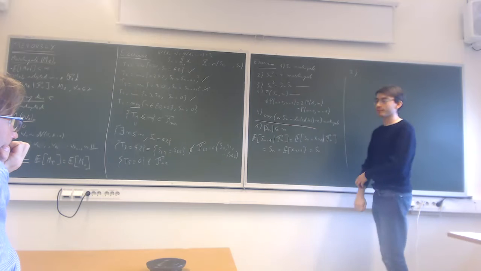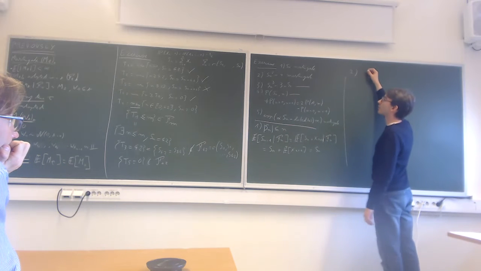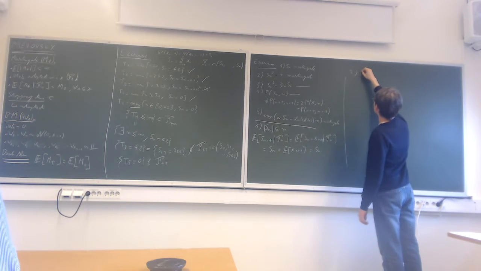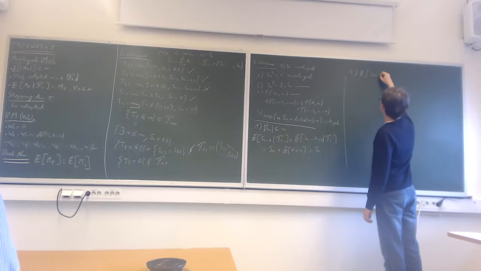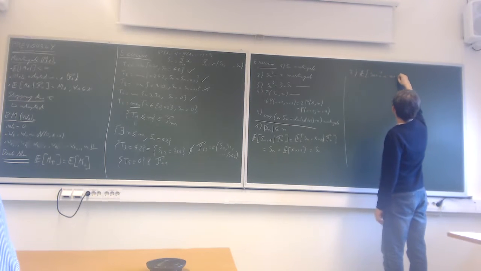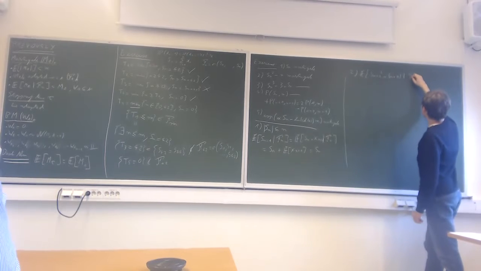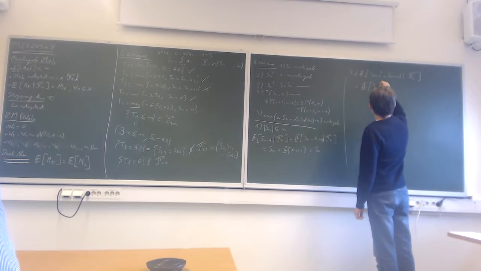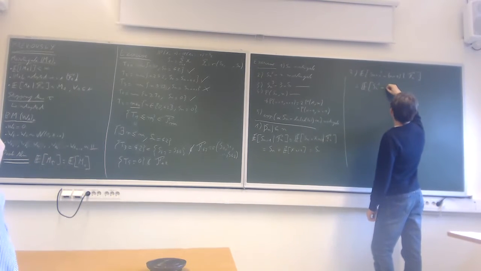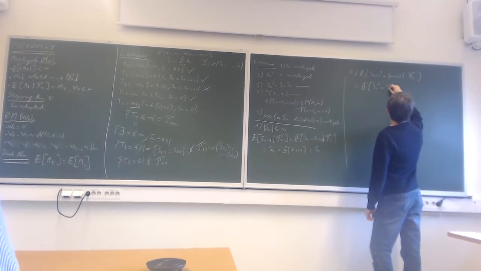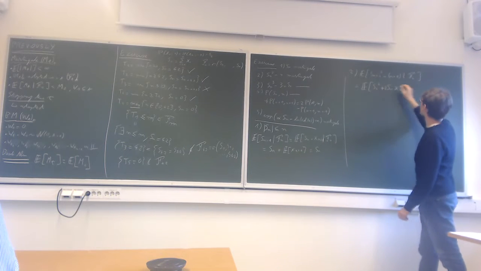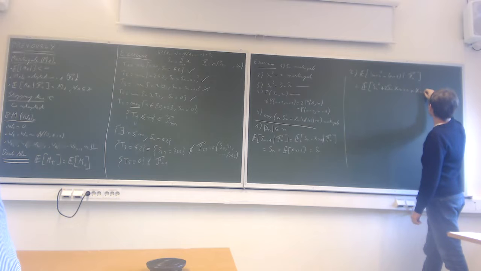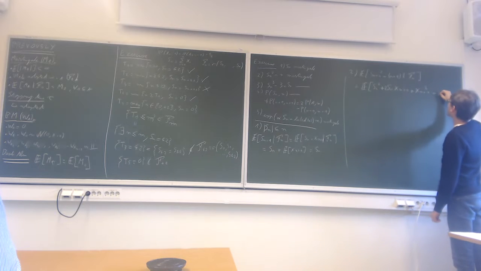So for this one, we have the expectation of Sn plus 1 squared minus n plus 1 knowing Fn. So we have the expectation of Sn squared plus 2 Sn Xn plus 1 plus Xn plus 1 squared minus n minus 1.